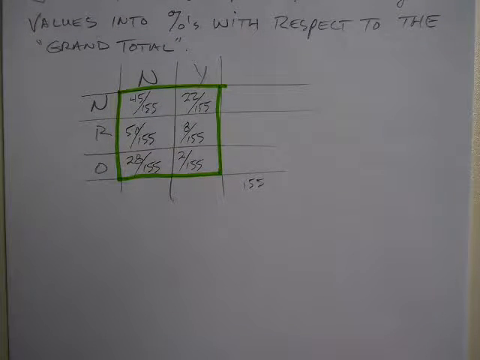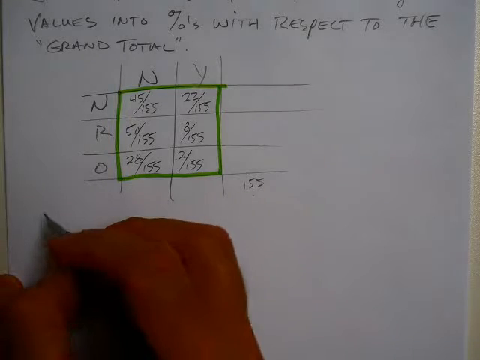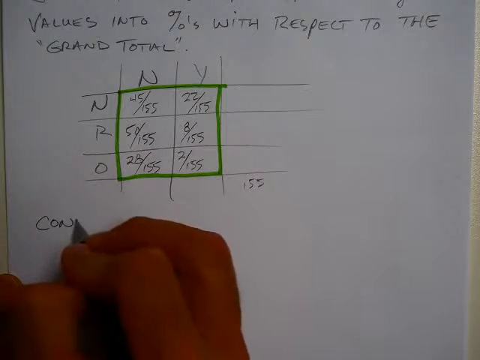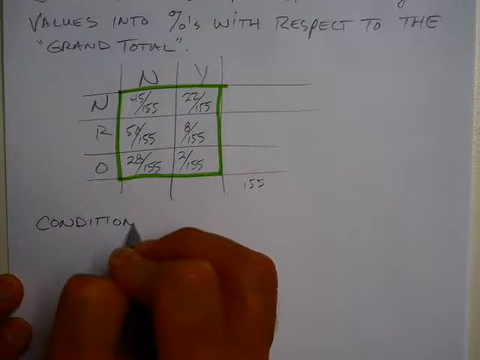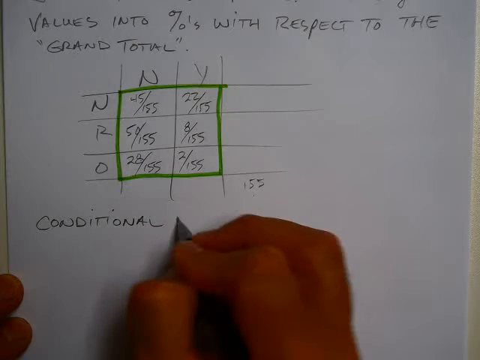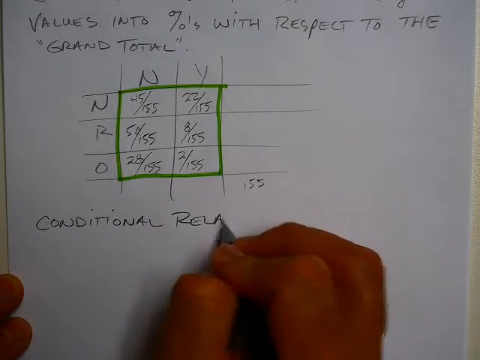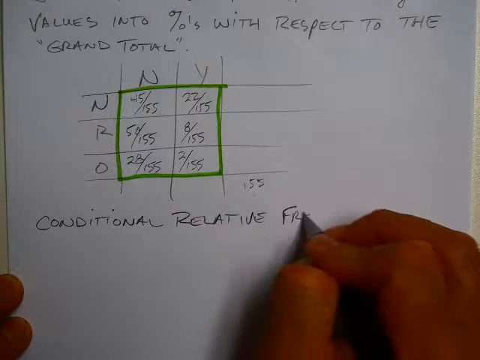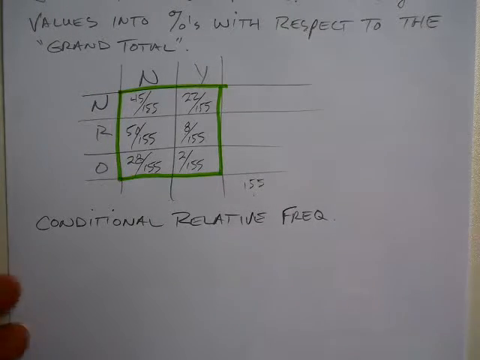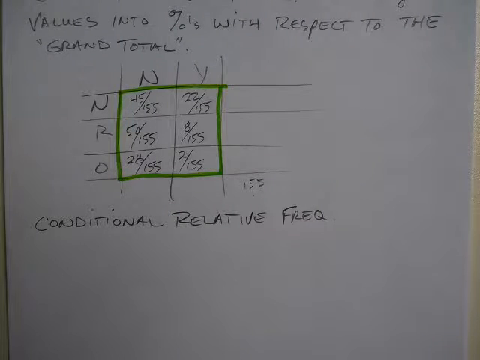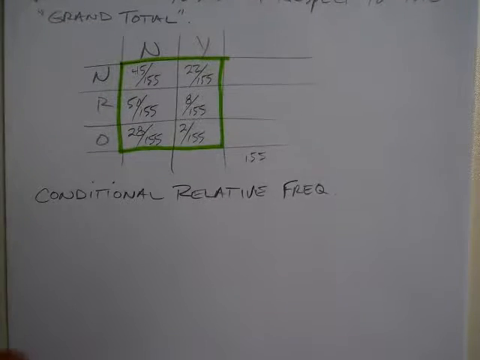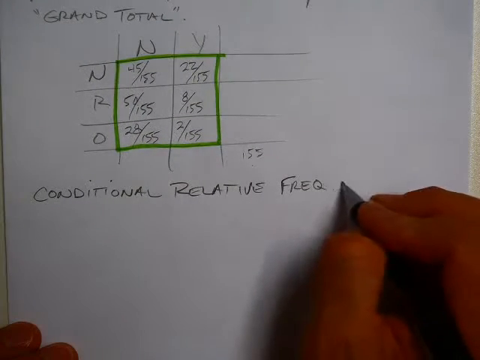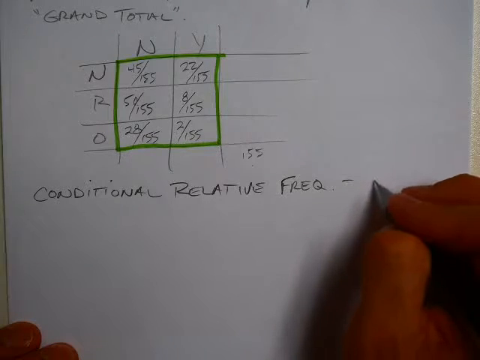Those are pretty straightforward. The tricky one is the conditional. We've got a conditional relative frequency. The conditional relative frequency, again, the math's not hard. It's trying to understand what's being asked of you that's tricky in this class.